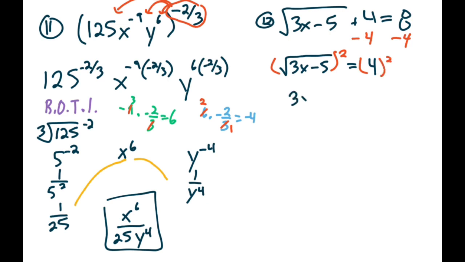So I've got 3x minus 5 equals 16. To get rid of the 5, I add 5 to both sides. So 3x equals 21, which means x equals 7.